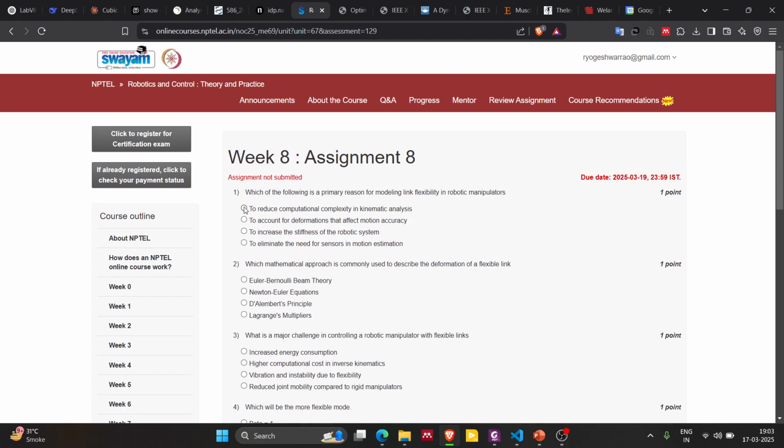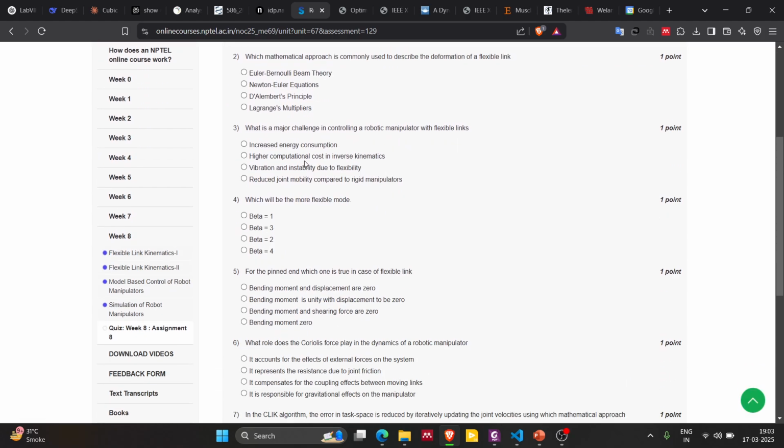I will solve some problems in that session, but in today's session I will solve only questions related to assignment 8. As you have already noticed, week 8 is all about flexible links, and also Professor Felix revised some topics about the controls. He advised how we do forward kinematics, inverse kinematics, and also inverse dynamics and forward dynamics.